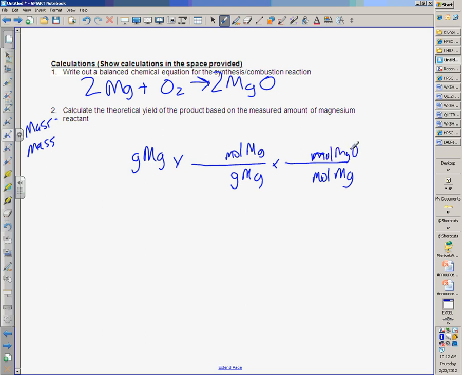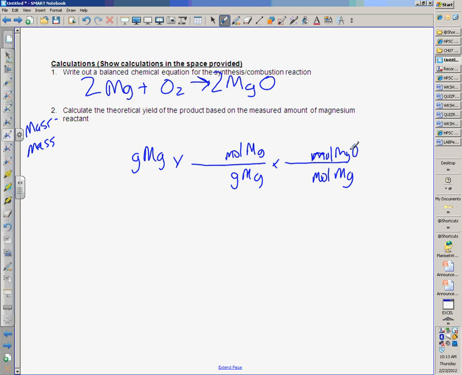That's what you started with. It said, calculate the theoretical yield of the product based on the measured amount of magnesium reacted. Or in a problem on a test, I give you this many grams of magnesium reacting with oxygen to form magnesium oxide. How many grams of magnesium oxide are produced? So you need to figure out what conversions you have to do from the problem.